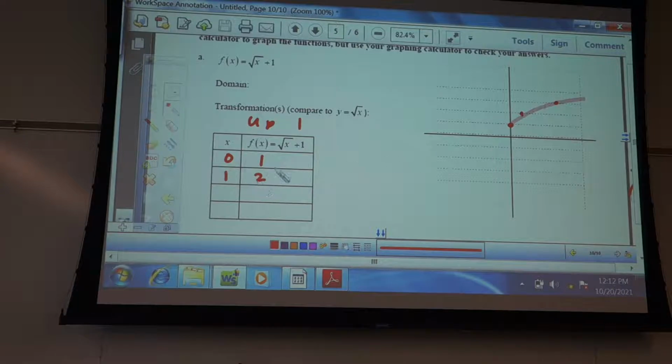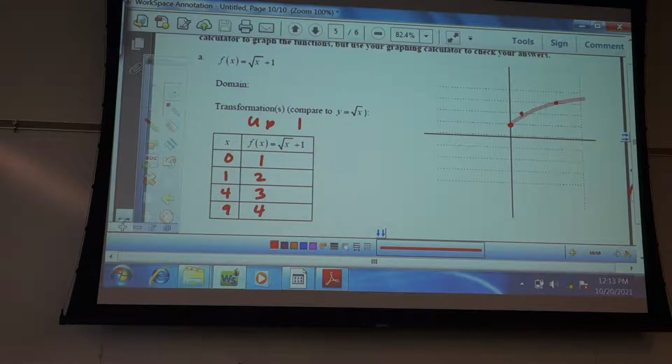Next one, x goes up 4 and y goes up 2, so 1 plus 2 is 3. And the next one goes up 9, and the y becomes 1 more. So you just add to the y.